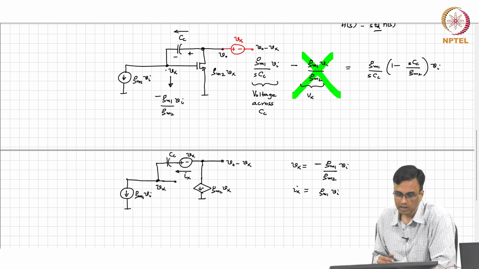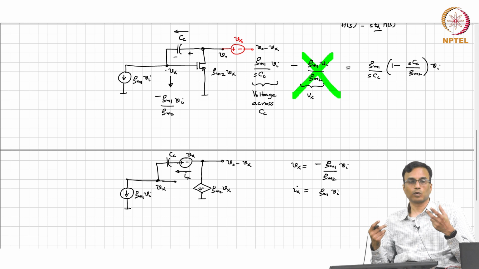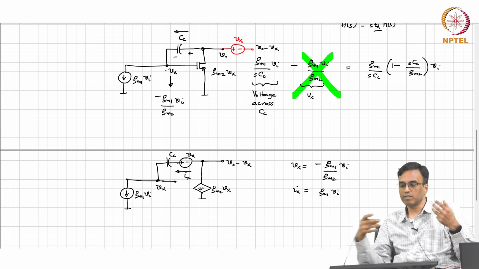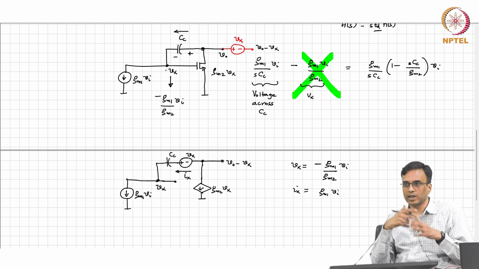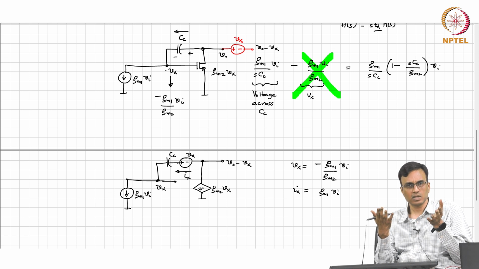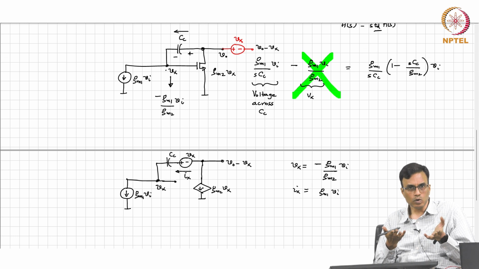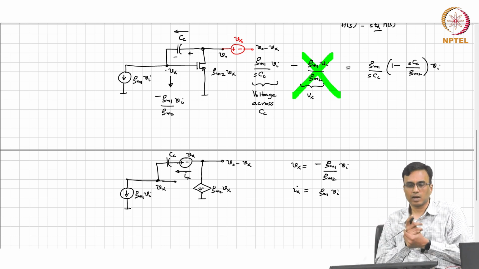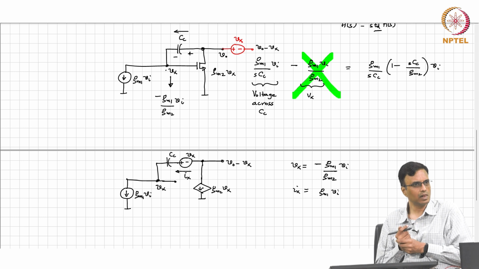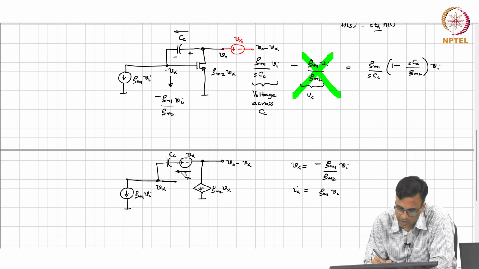So here is a voltage source, a current GM1 Vi is flowing through it. The voltage developed across that voltage source is GM1 Vi over GM2. So what can you replace that voltage source by? A resistor of value 1 by GM2. Is this clear, people? Right. So this is basically 1 over GM2.